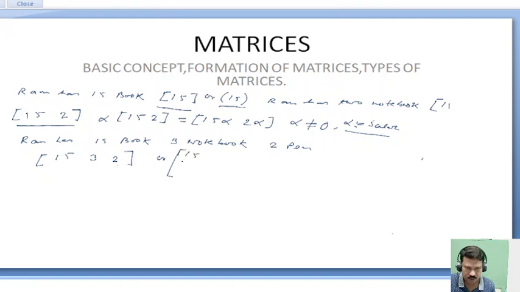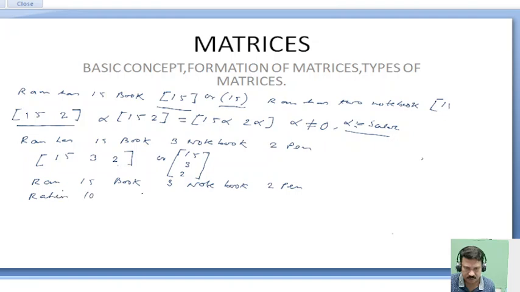Let Ram have 15 books, 3 notebooks and 2 pens.